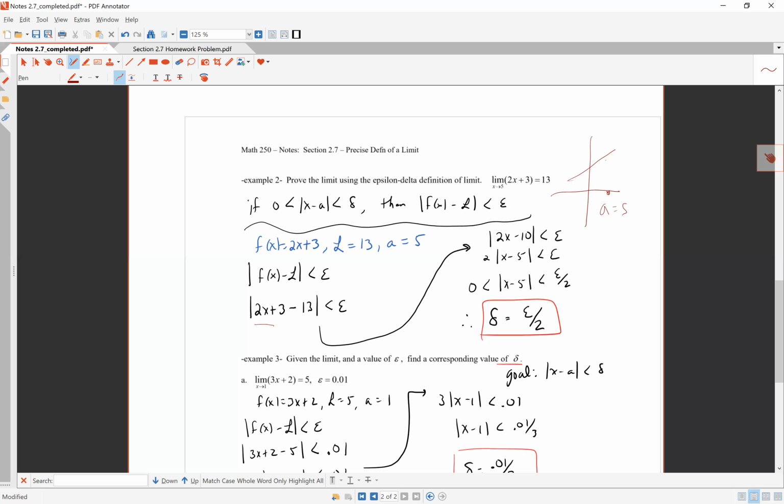Then you choose your epsilon, and we know that f of 5 is 13. On either side, epsilon up and epsilon down. What it's saying is if you choose this range, then f of x minus 13 will be less than epsilon if x minus 5 is less than epsilon over 2.